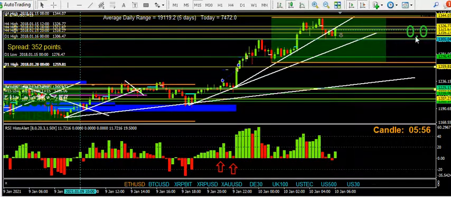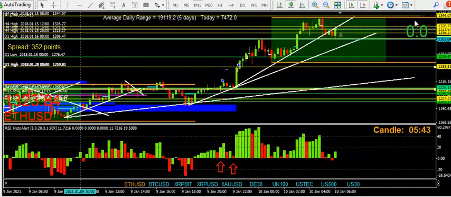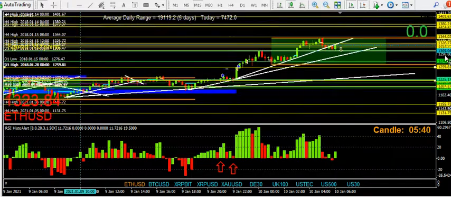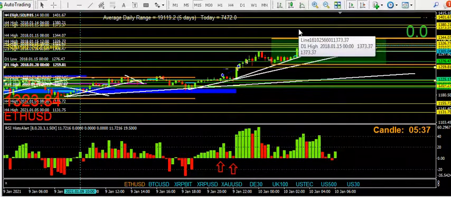So in this instance we've hit a level up here, which I'll hover over because you can't see it, an H4 high of 2018, 15th of the 1st, and consequently I've drawn everything in that I can see above the price way back as well.